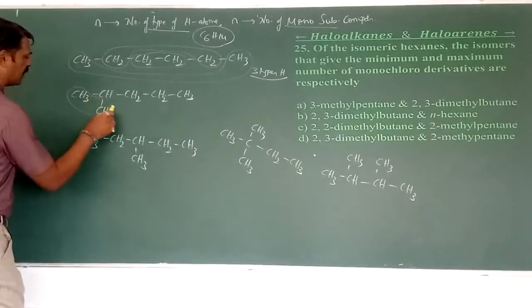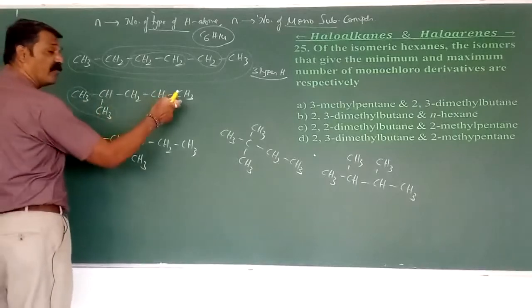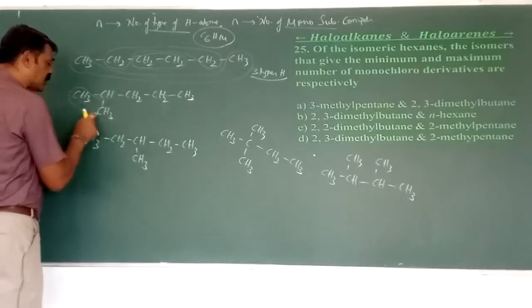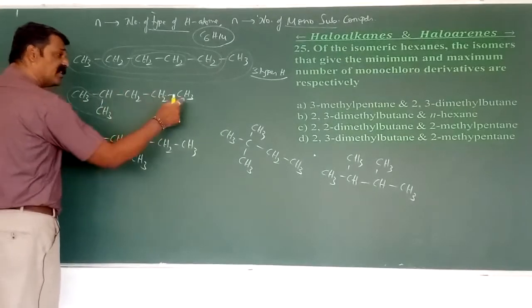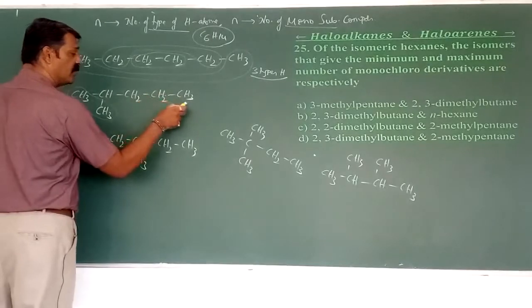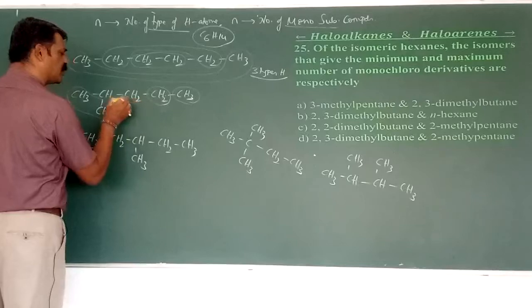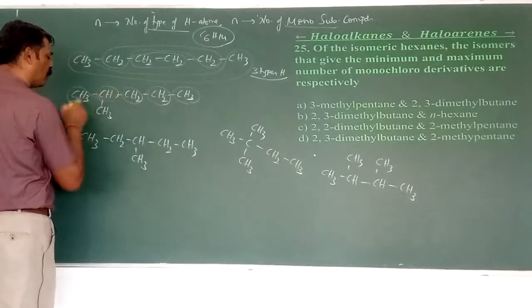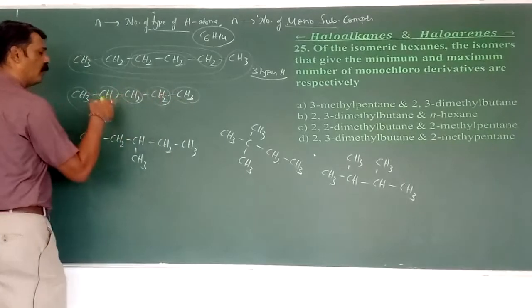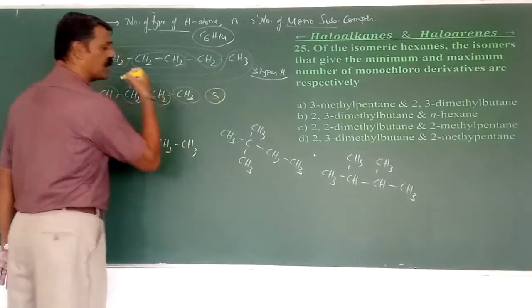This is one set, but this is different from CH3, because these two CH3 are attached to CH, but this CH3 is attached to CH2. Therefore this is the second type, this is third, fourth, fifth. 5 types of hydrogens are there.